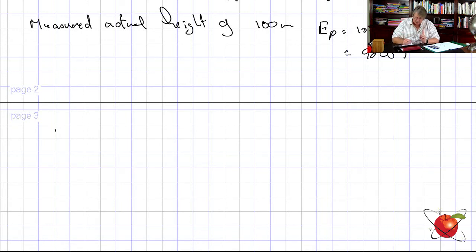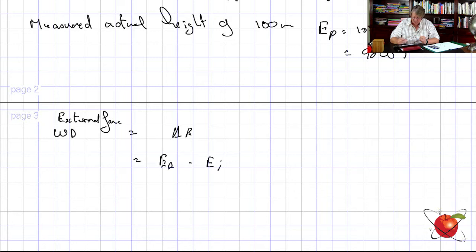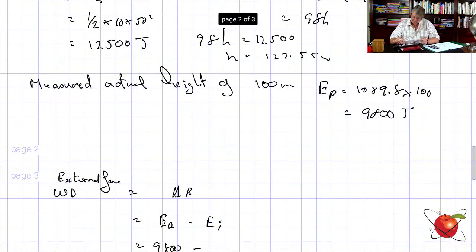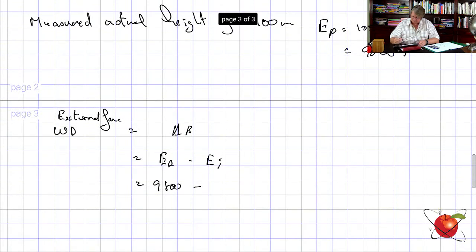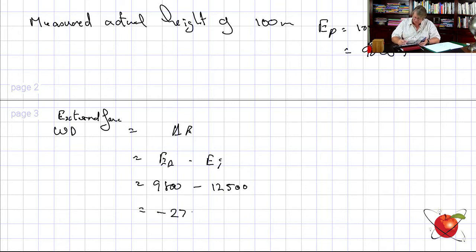Therefore, the work done by an external force must be equal to delta E, which must be equal to E final minus E initial. Final is 9,800 minus E initial, which was 12,500. So you can see that this is equal to minus 2,700 joules.